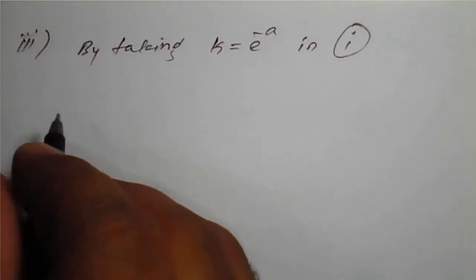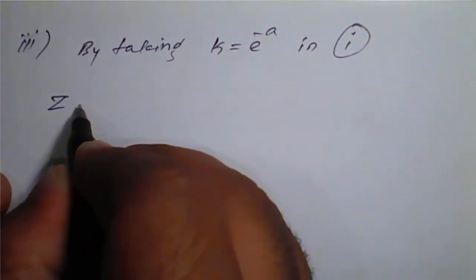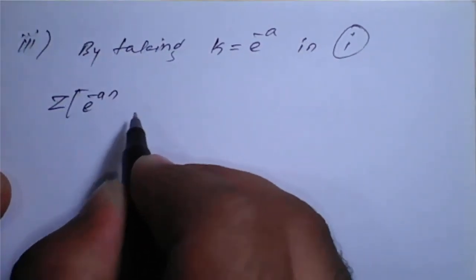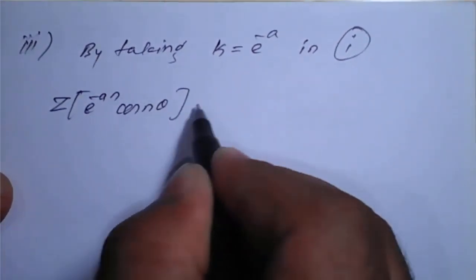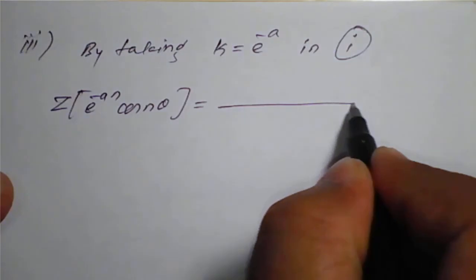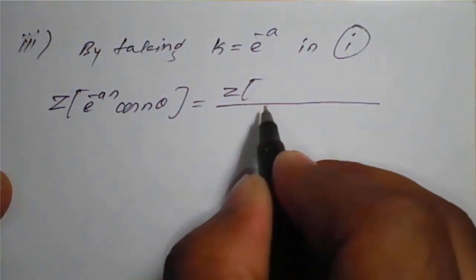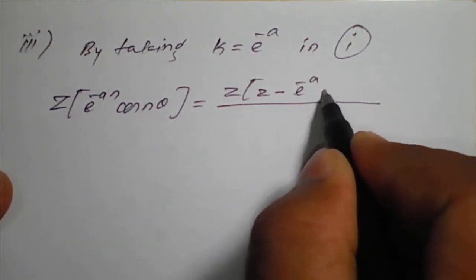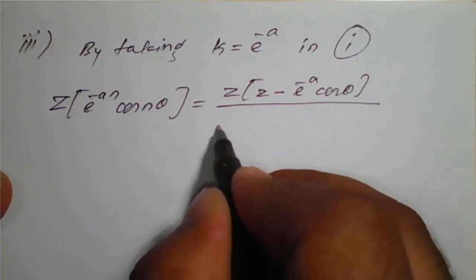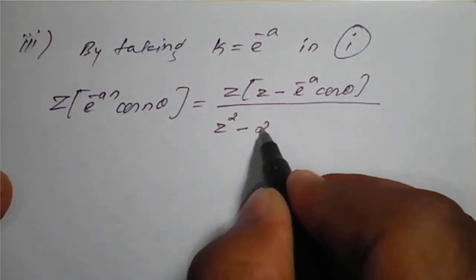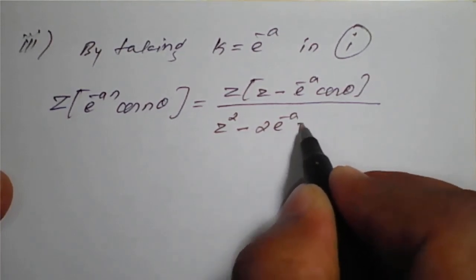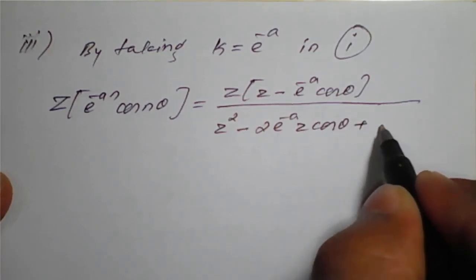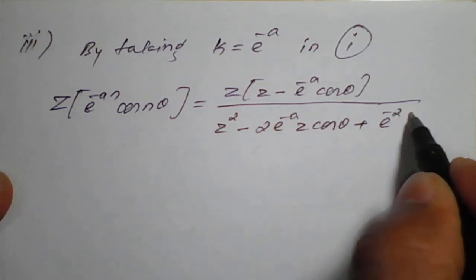So it will be z transform of e raised to minus a n cos n theta is equal to, we are replacing k by e raised to minus a, so we'll get z minus e raised to minus a cos theta divided by z square minus 2 e raised to minus a z cos theta plus, instead of k square, it will become e raised to minus 2a.